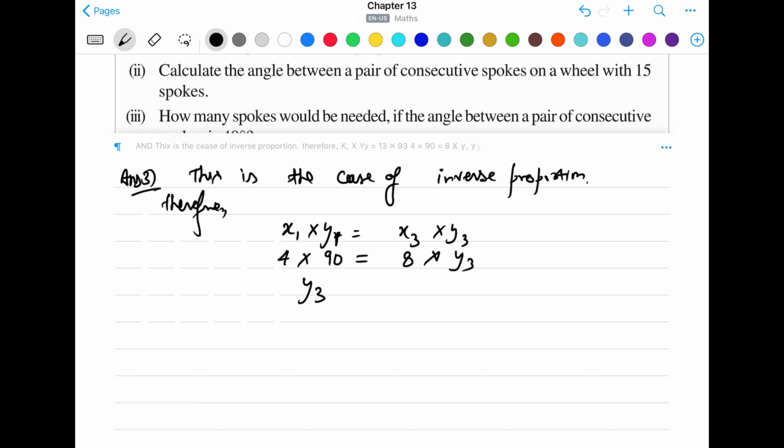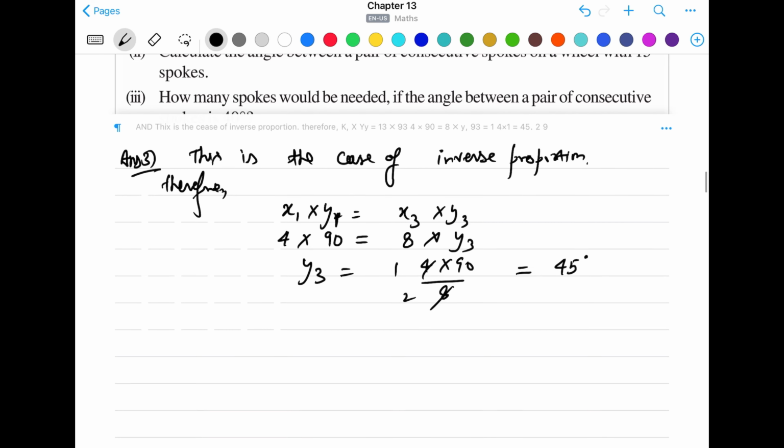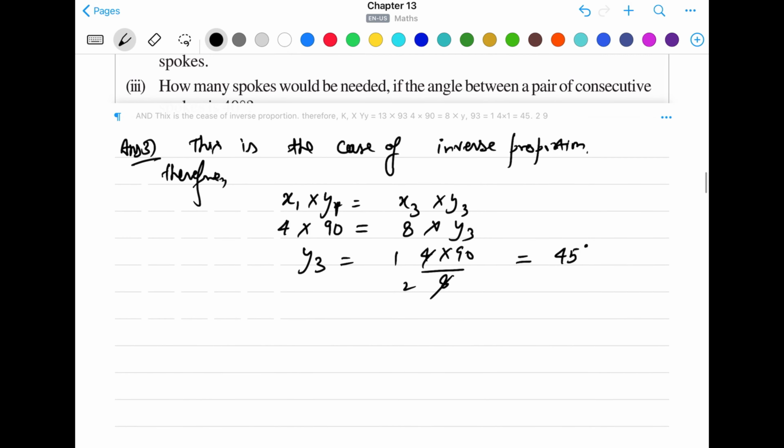So from here y3 will be 4 into 90 divided by 8. 4 divided by 8 gives us 1 here and 2 here, and 90 divided by 2 gives us 45. That means the angle between spokes is 45.